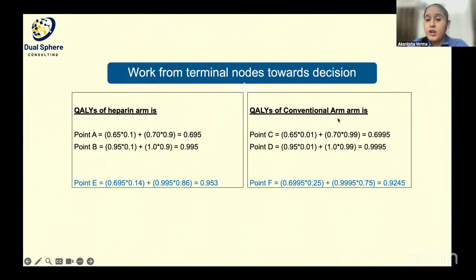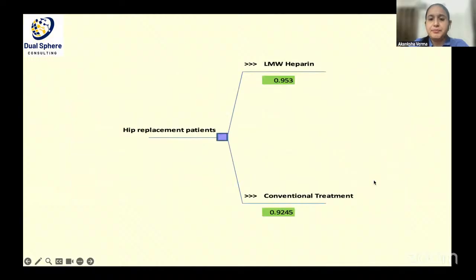And similarly, qualities for the conventional arm would be 0.69 multiplied by the probability of DVT and 0.995 multiplied by the probability of no DVT for conventional treatment. So this would be the total qualities for conventional treatment. So these are the final qualities for heparin arm and for conventional treatment arm.